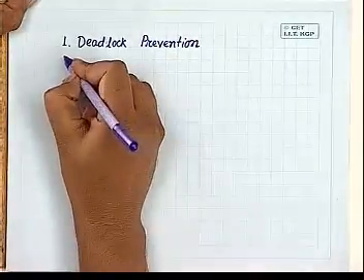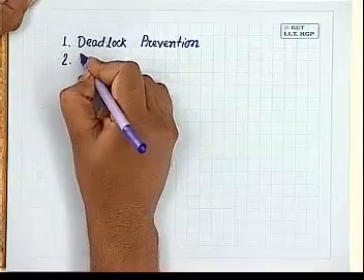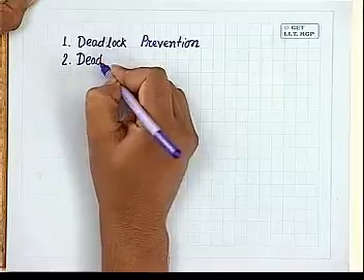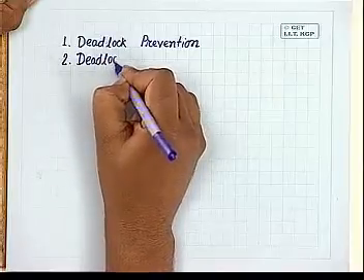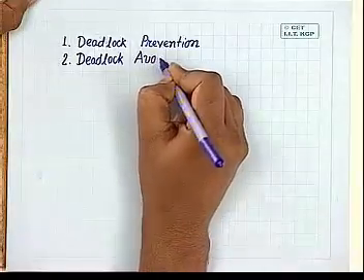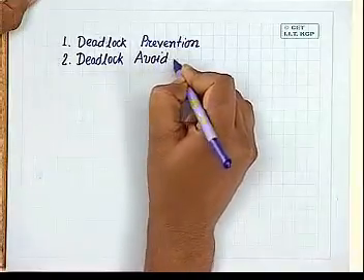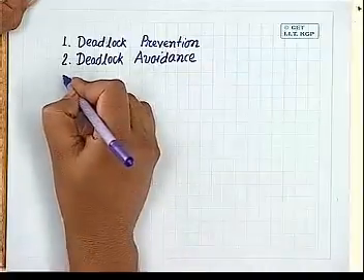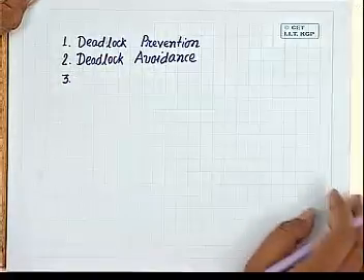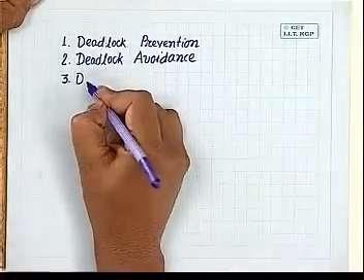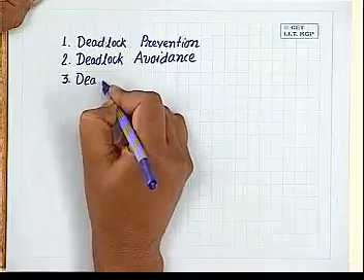The second strategy is called deadlock avoidance. And the third strategy to deal with the deadlock is called deadlock detection and recovery.